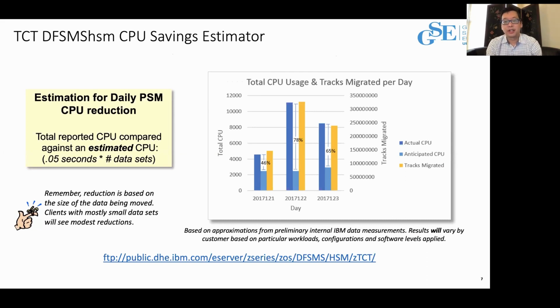In the example over here, you see it's by day. One day would be 46%, 78%, 65%, all based on the amount and size of the data that's being migrated. So I encourage anyone that's an HSM user to try out the tool. It's free. You can go out there and run it today.